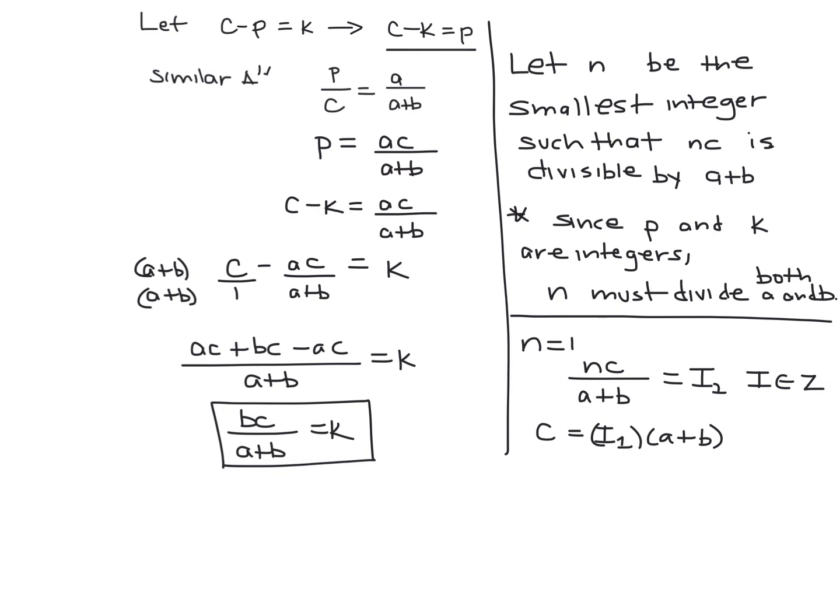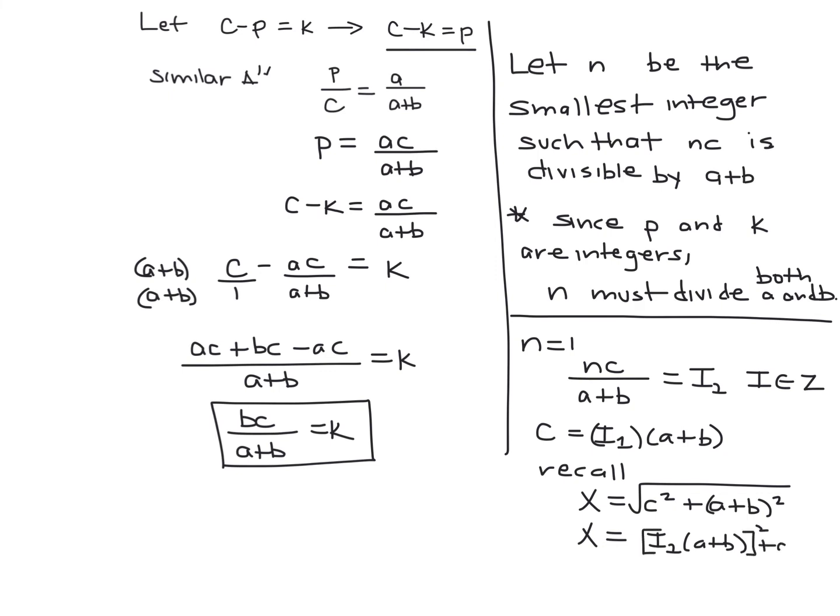Correct? Now, we recall our relationship that x is equal to the square root of c squared plus a plus b squared. You remember that? So that means x is going to be, we substitute this in, the square root of I1 times a plus b, all squared, plus a plus b squared.